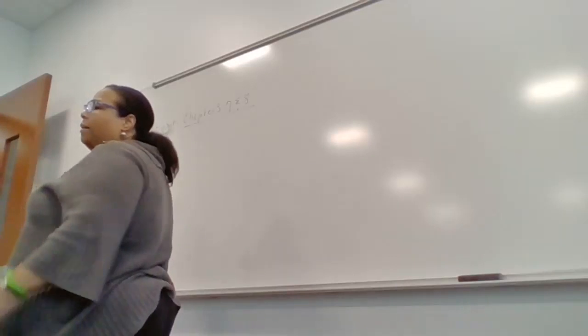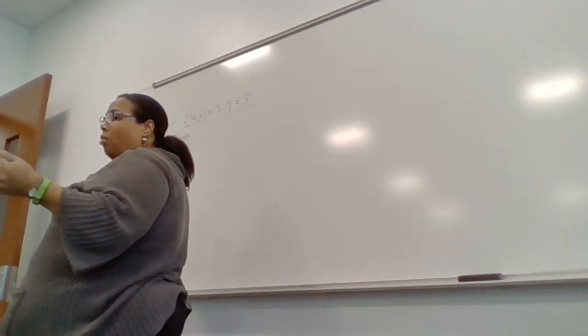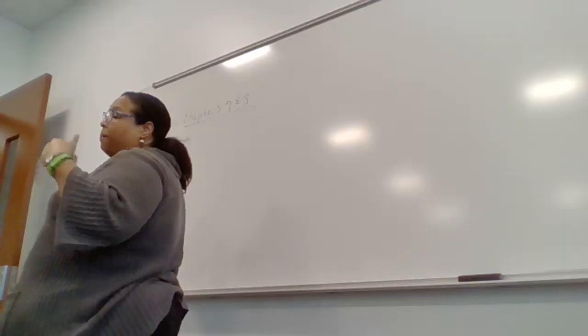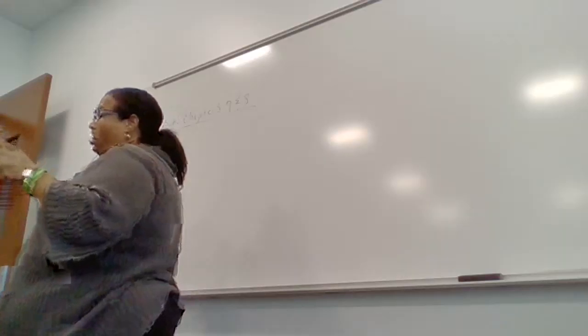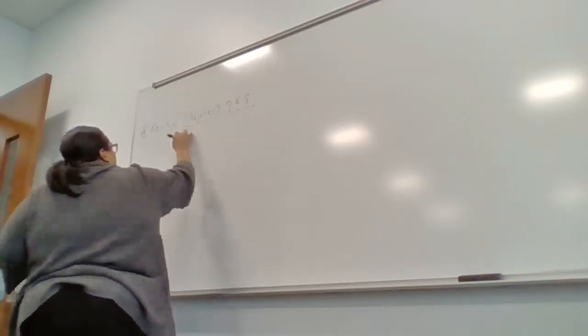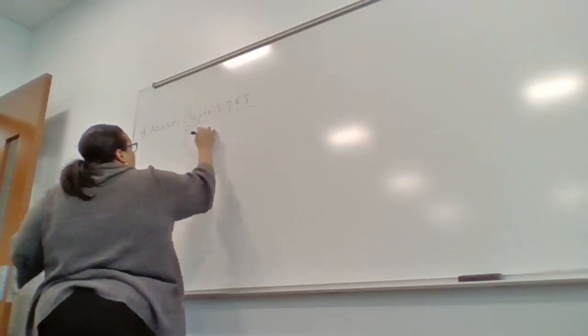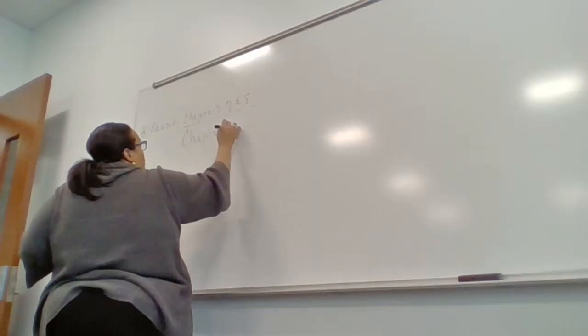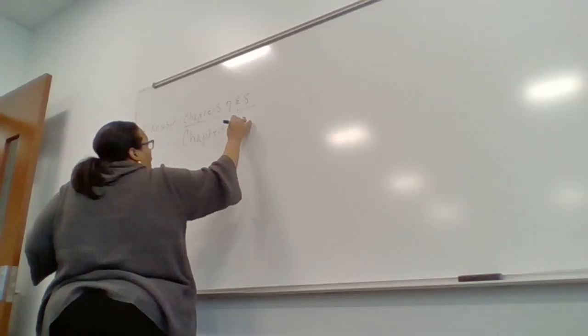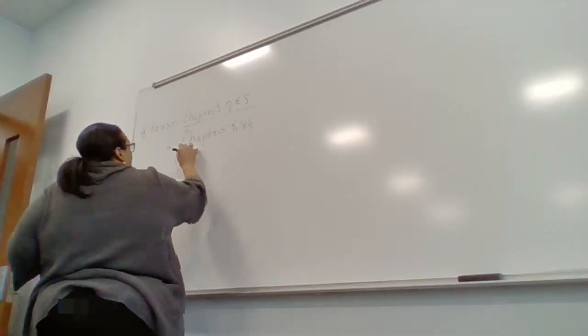how to look up a diagnosis code in an ICD-10 book and how to look up a procedure code in a CPT book. So we're going to revisit chapters, I want to say 4, 5, and 6.